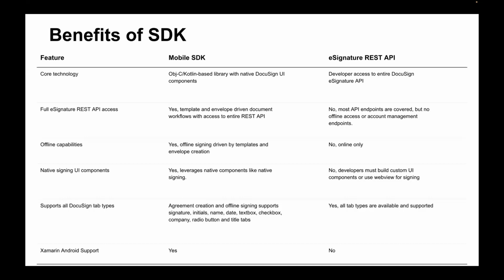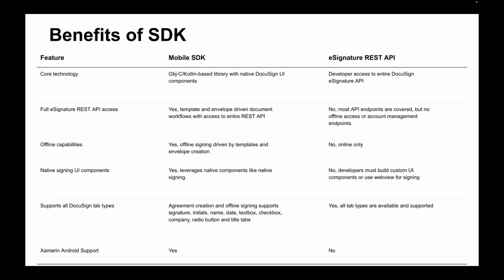These two SDKs are completely built with native DocuSign UI components, and they provide complete template and envelope-driven document workflows. You should also be able to access the eSign REST API right from the mobile SDKs. We provide delegates and manager classes in the SDKs where you can invoke any eSign REST API right from the SDK.